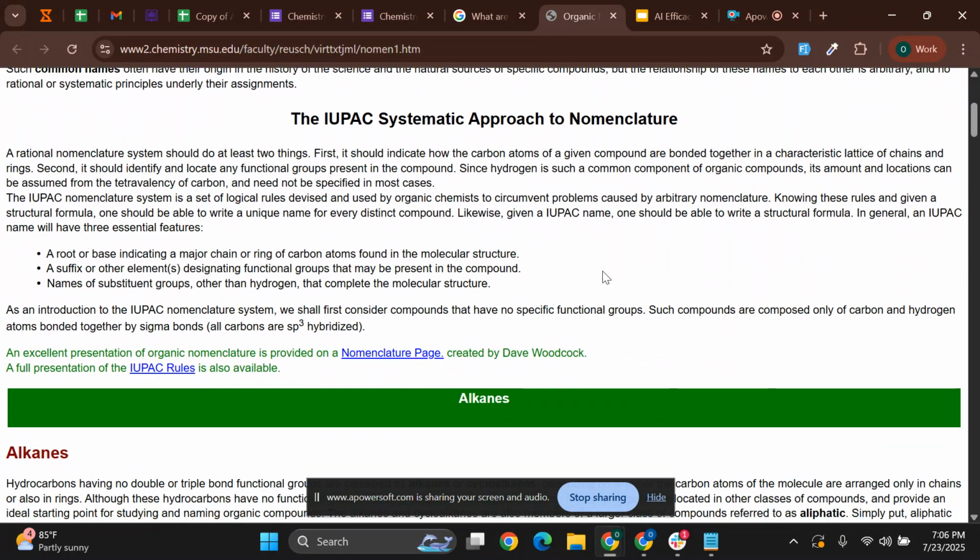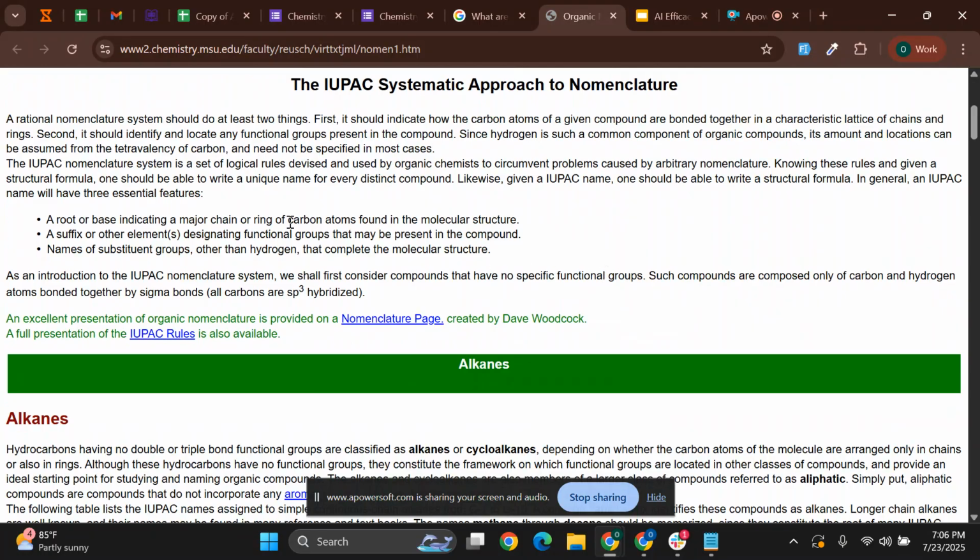The IUPAC systematic approach to nomenclature, a rational nomenclature system, should do at least two things. First, it should indicate how the carbon atoms of a given compound are bonded together in a characteristic lattice of chains and rings. Second, it should identify and locate any functional groups present in the compound.